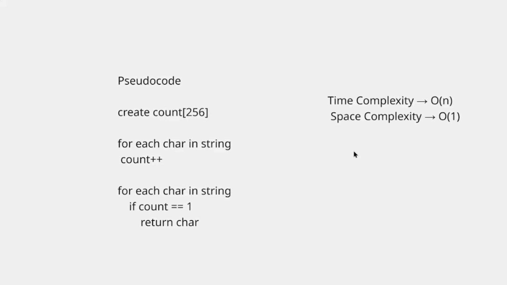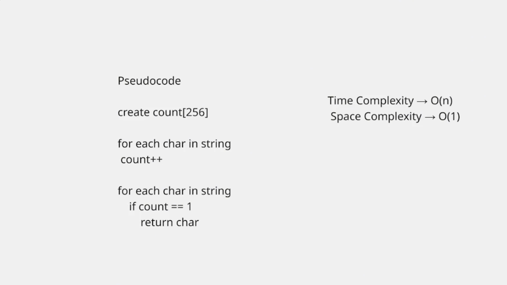Here is our pseudocode. In our pseudocode, we are creating a count array of size 256. In the first loop, we are counting the characters' frequency. In the second loop, if the character has a count of 1, we print and return the character.